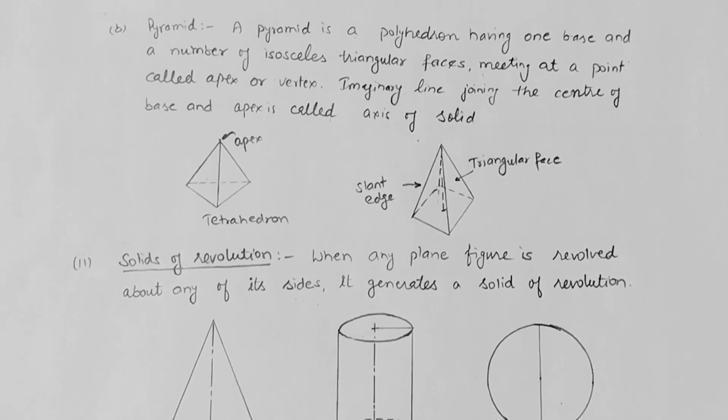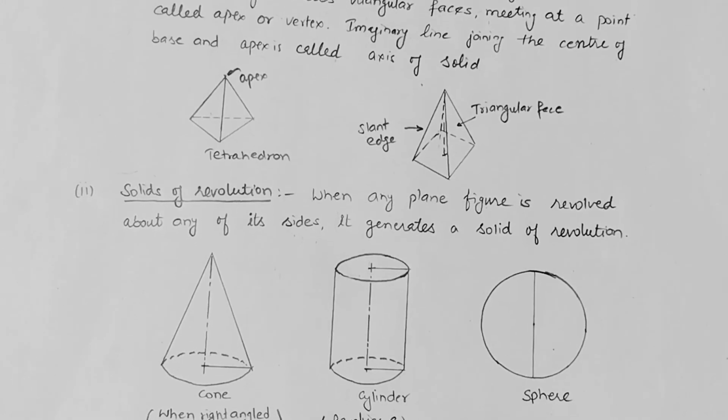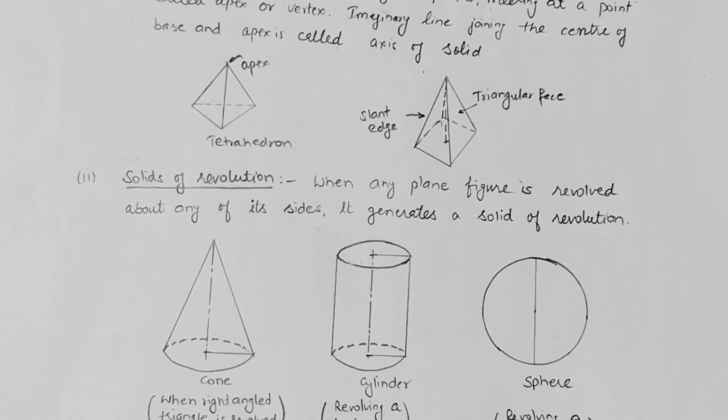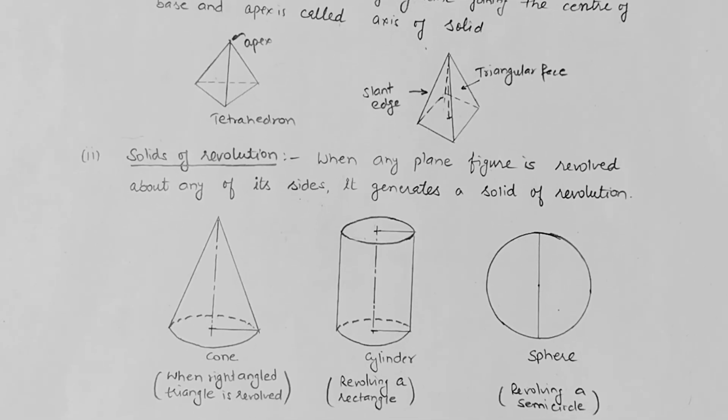The other is solid of revolution. When any plane figure is revolved about any of its sides, it generates a solid of revolution. You can see in this diagram we have three solids of revolution: cone, cylinder, and sphere. When we fix the edge of this right angle triangle and revolve about this fixed edge, the shape generated is called cone.